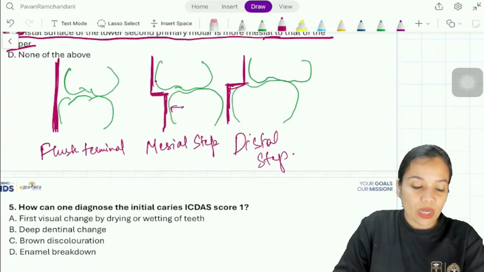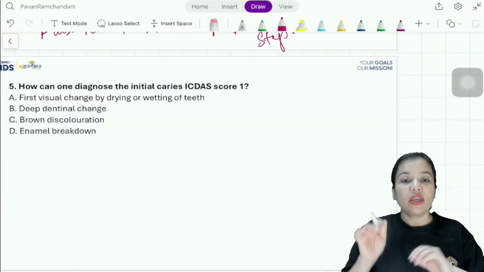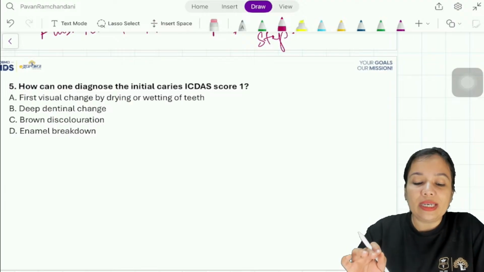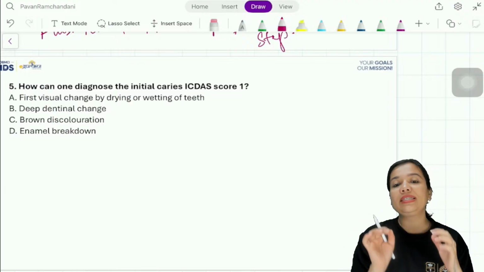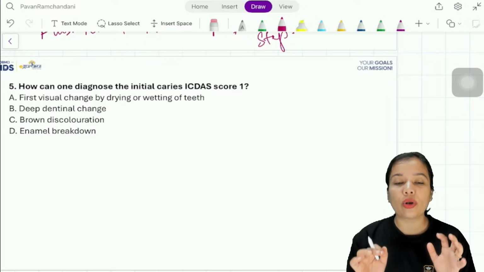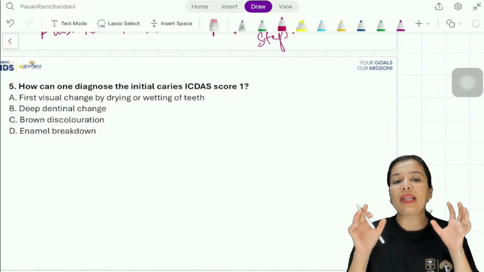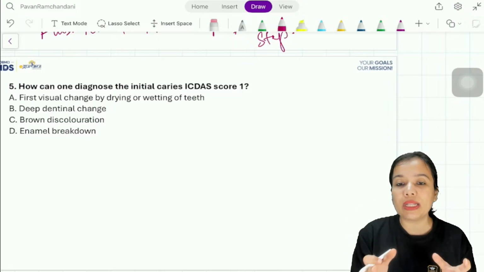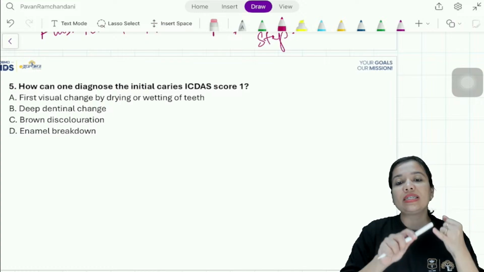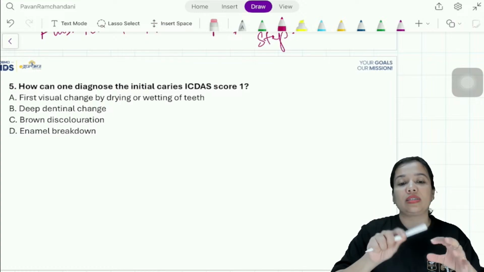Correct. Now we come on to question number 5, which is, how can one diagnose the initial caries, that is ICDAS score 1. So ICDAS score, you've read, in my lectures I've shared the various tables of ICDAS scoring. What is ICDAS? It is International Caries Detection and Assessment System.